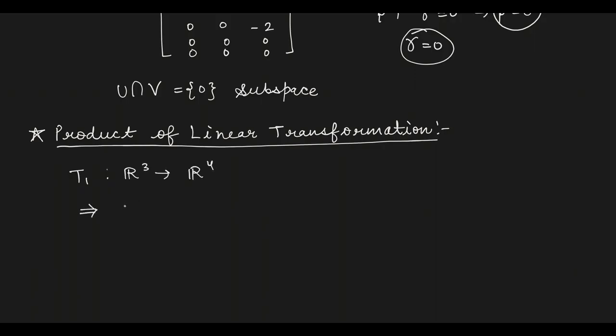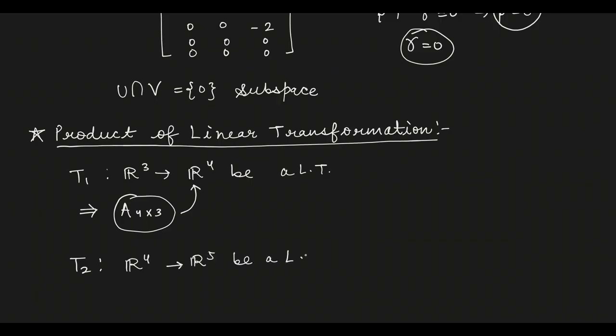In matrix form, it is a matrix of order 4 cross 3. Whenever I am given a matrix of this type, it is a linear transformation from R3 to R4, meaning the number of columns is the domain and the number of rows is the codomain. Another linear transformation T2 is from R4 to R5, so its matrix will be of order 5 cross 4.